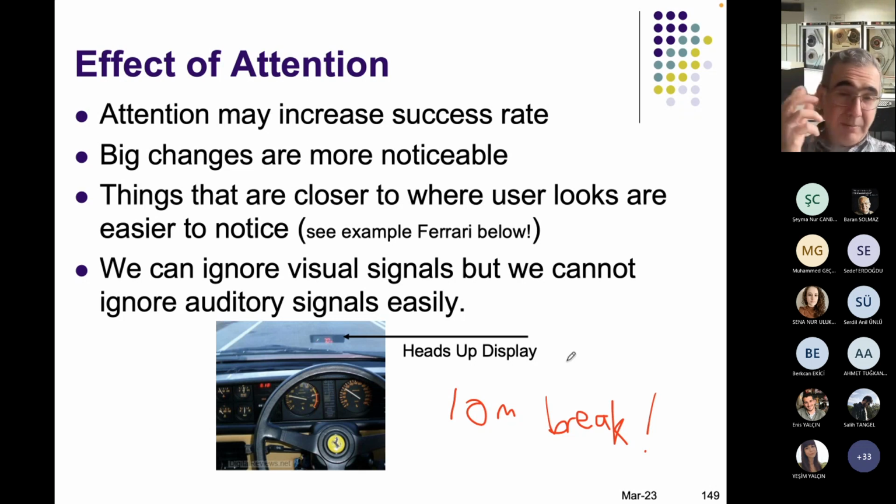So if it is important, make it big. Because big changes are more noticeable, users cannot miss it. So if there is a serious event, make it big. Very important thing. Also, things that are closer to where the user looks are easier to notice.